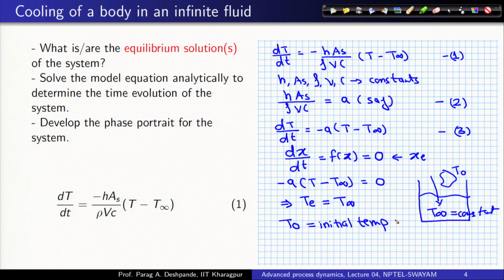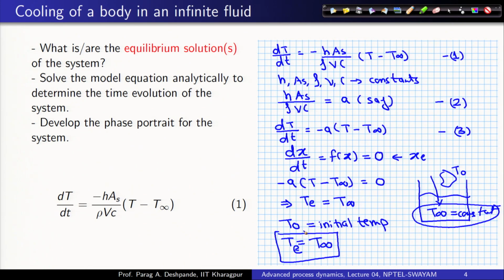So, when equilibration takes place, which means nothing will further change with time and T infinity remains constant, the only way that the gradients in the system would vanish is when your T becomes T infinity. This is quite a trivial physics which can be extracted out of this analysis, and this analysis seems to be consistent with what we know either from training or from experience. So, therefore, our equilibrium solution is that T equilibrium is equal to T infinity.